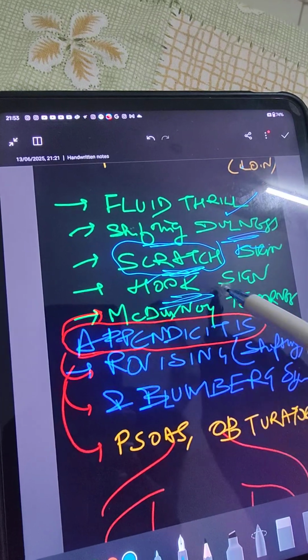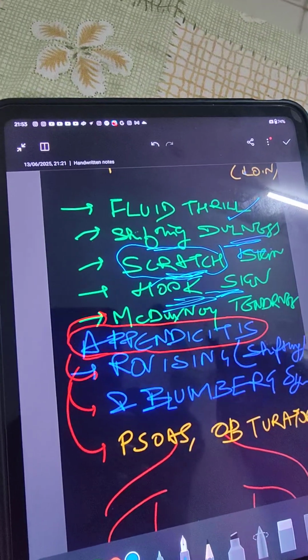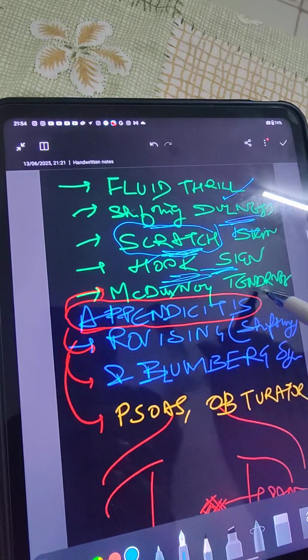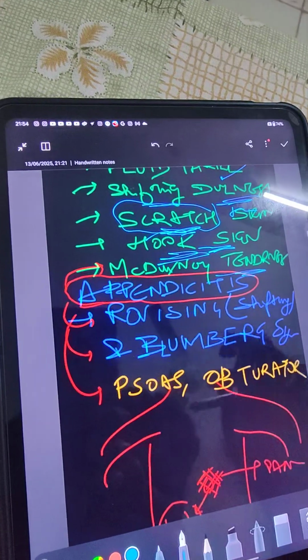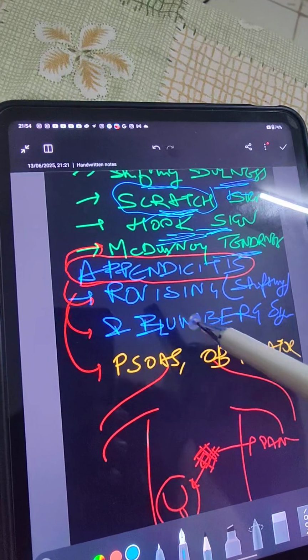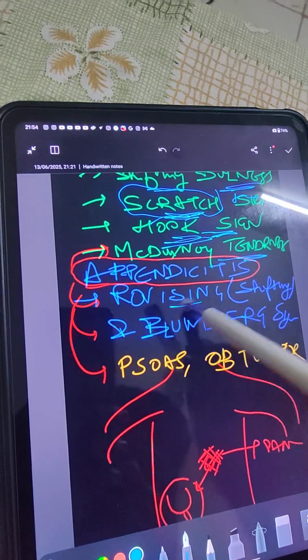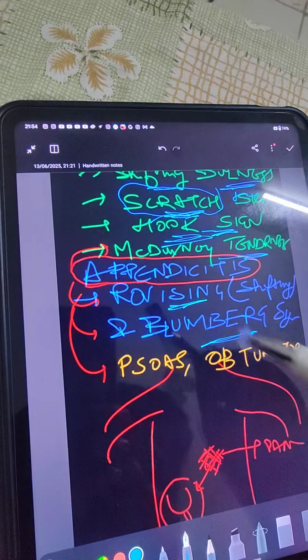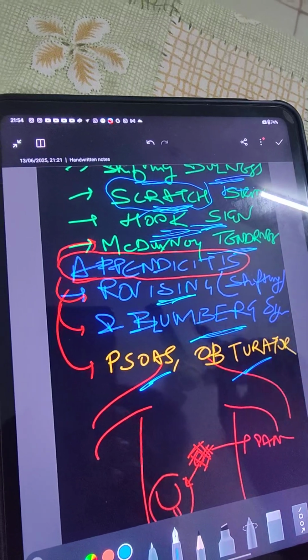Then hook technique is used for splenomegaly. And McBurney's tenderness is mainly present in appendicitis. Appendicitis also has other signs and symptoms such as Rovsing sign, Blumberg sign, psoas sign, obturator sign.